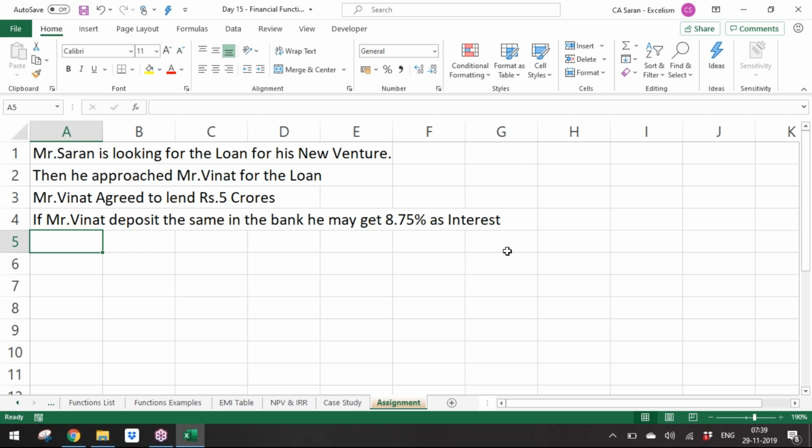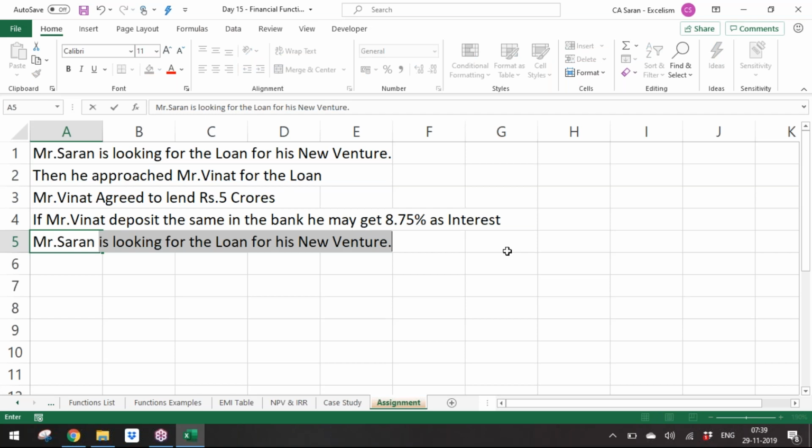Then he asked Sharon how much he is going to get every year. Now Mr. Sharon said he will pay the loan in 8 payments, with the schedule as follows.